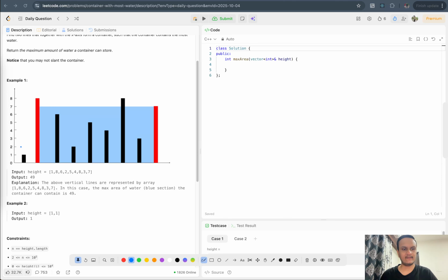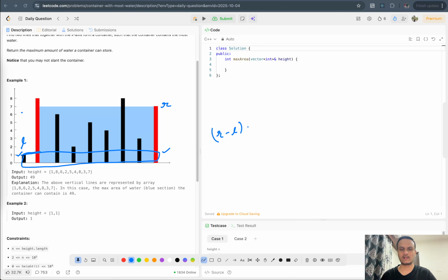Let's say we have kept the left pointer here, and we have kept the right pointer here. Okay, so what's the minimum? Minimum is 1, right? So how much water can we trap? 1 cross this, this is the complete container. Okay, so what's the distance between both of the points? r minus l.